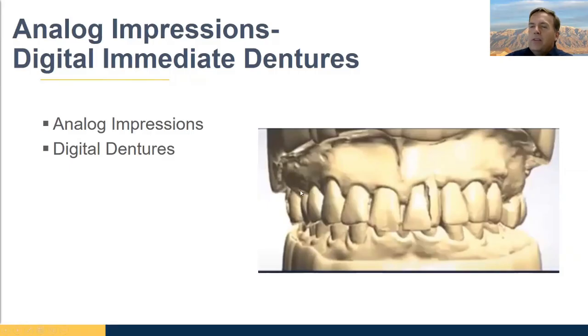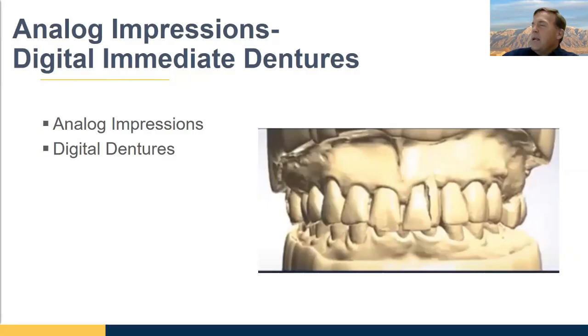One of the cool things about digital dentures is that in most of the ways that we make analog dentures, we have to destroy the master model because the denture is actually processed on the master model for the greatest degree of accuracy. With this, we're not processing on a model. We're just printing, milling. So we can actually try the prosthetic on the model, which is pretty cool.